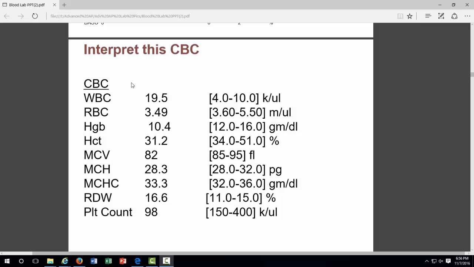Yeah. So this person has a couple of terms we could say. They have leukocytosis. Leukocytosis means high white blood cells, because you have a 19.5 for the white blood cell. The red blood cell count is low, so we would say anemia. Hemoglobin is low, hematocrit is low, so some type of anemia is occurring here. Because if you look at number 9 in your objectives, you have to know some of these terms.